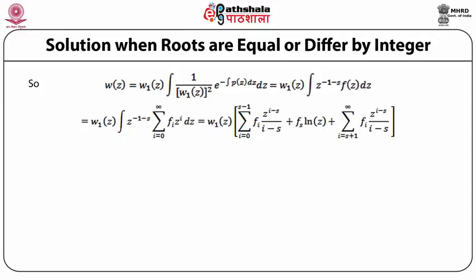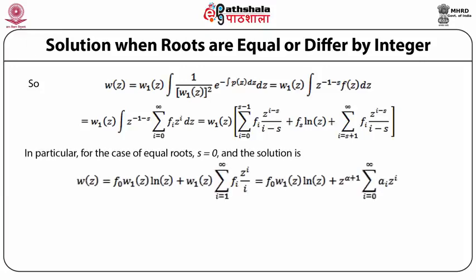Thus w of z is equal to w1 of z within the brackets summation i going from 0 to s minus 1 f i z raised to power i minus s divided by i minus s plus f s natural logarithm of z plus summation over i going from s plus 1 to infinity f i z raised to power i minus s divided by i minus s.